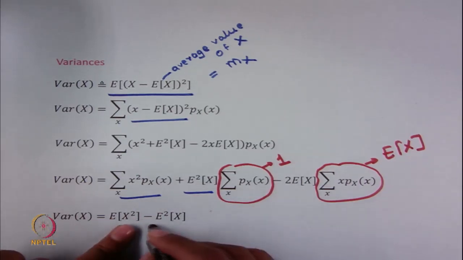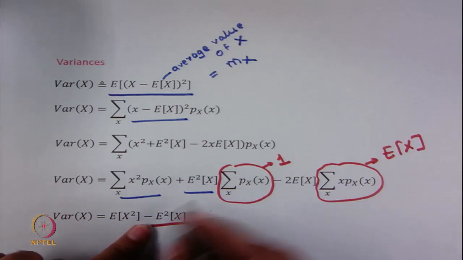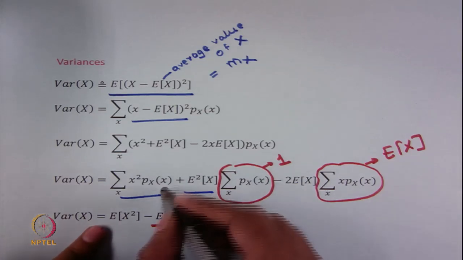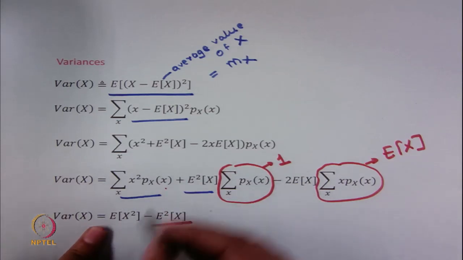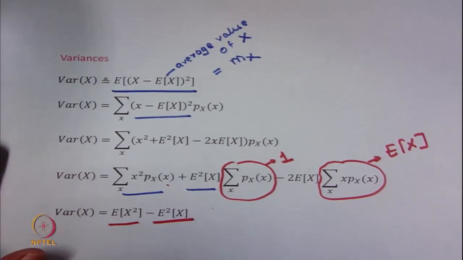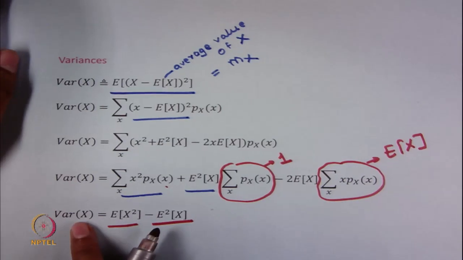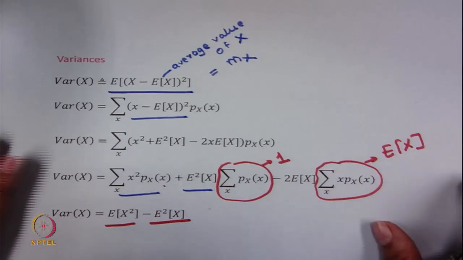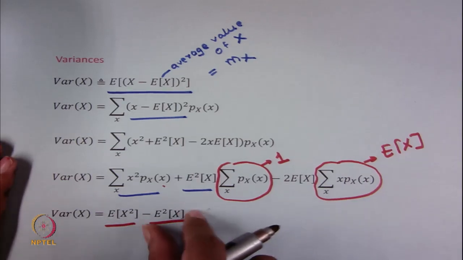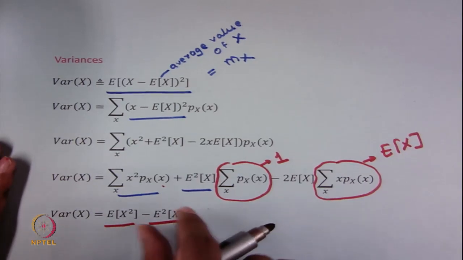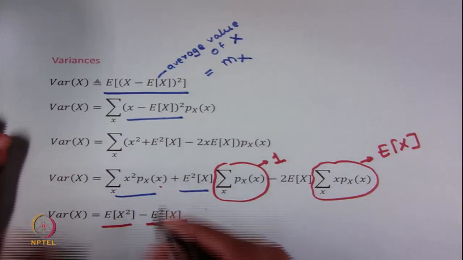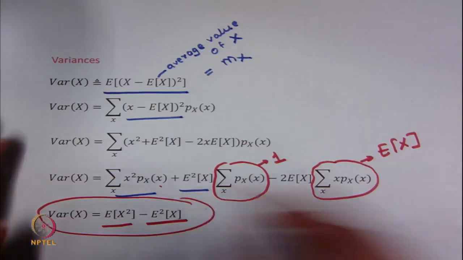So, what we get is E square x with a negative sign, plus 1 minus 2, I get minus 1, and this quantity, as I have already defined, is the second moment of this random variable, E x square. So, variance of a random variable can also be thought of as taking the second moment of the random variable and subtracting from this the square of the first moment of the random variable. This is how you can interpret variance.